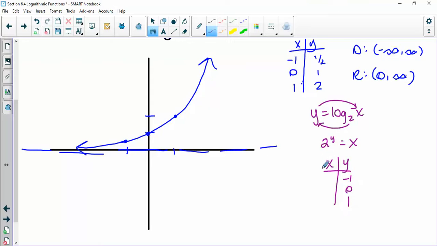So 2 to the -1, 2 to the 0, and 2 to the first is 2. So if I plot these points, 1/2, -1, 1, 0, 2, 1.